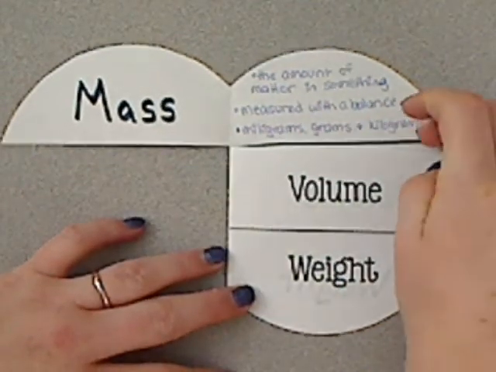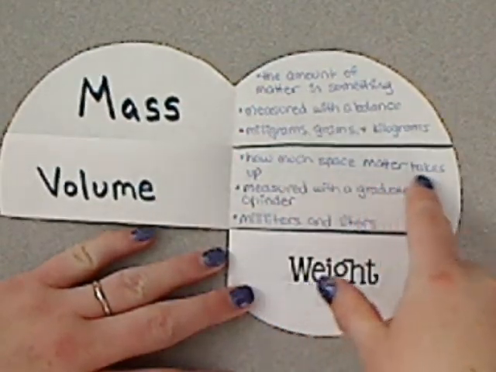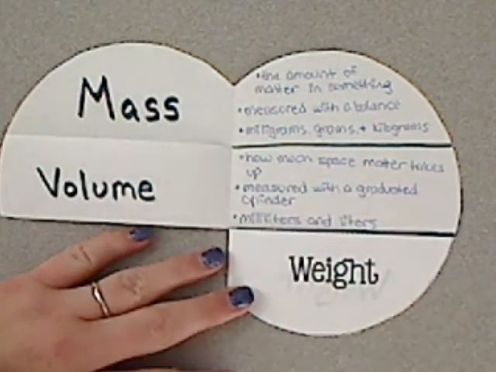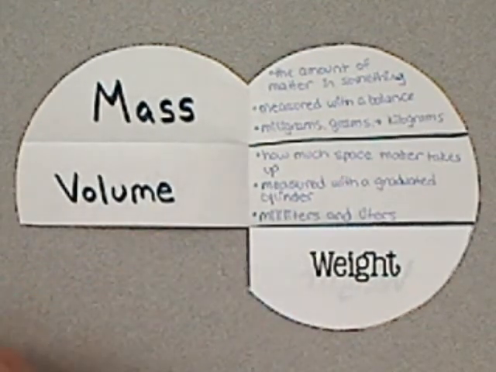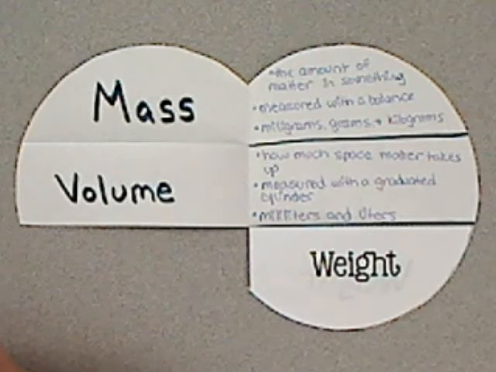Now, volume is how much space matter takes up, and you measure it with a graduated cylinder. Now, in the previous video, if you'll remember the image of the two graduated cylinders, we had 30 milliliters of water in one. We put a rock into it, and the second image showed the graduated cylinder with the rock and the water, but the water's level had risen to 35 milliliters.